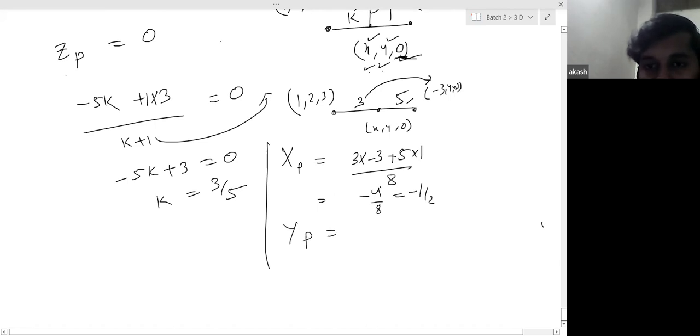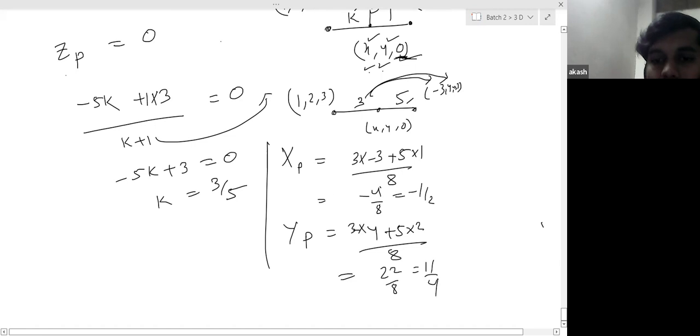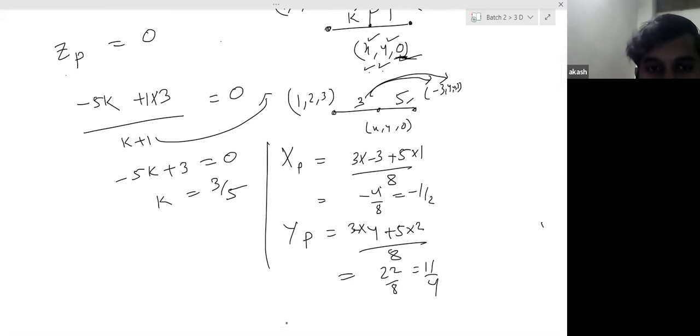Y coordinate will be 3 into 4 plus 5 into 2 upon 8, that is 12 plus 10, 22 by 8, that is 11 upon 4. So these are the coordinates. Is it clear, Rahman?